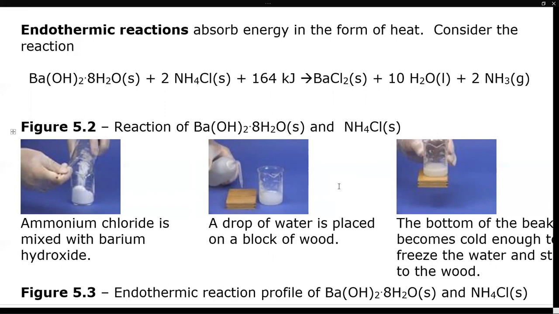Absorbing heat and being endothermic is not a favorable condition for a reaction to take place. If it's a small enough amount of energy, it will take place. There's some other factors that go into it. Exothermic tends to be favorable, endothermic tends to not be. But there are other factors to consider.